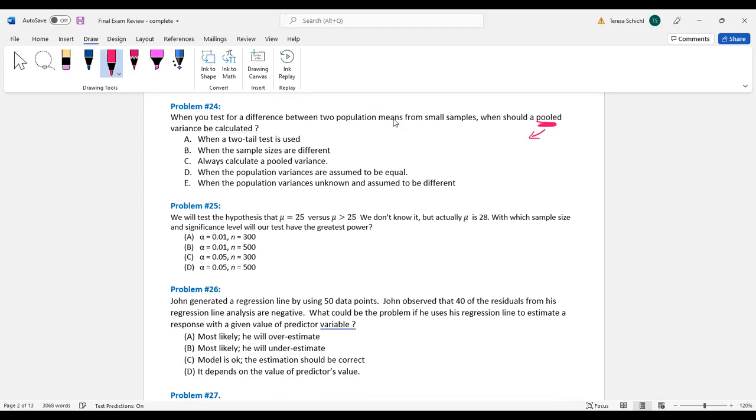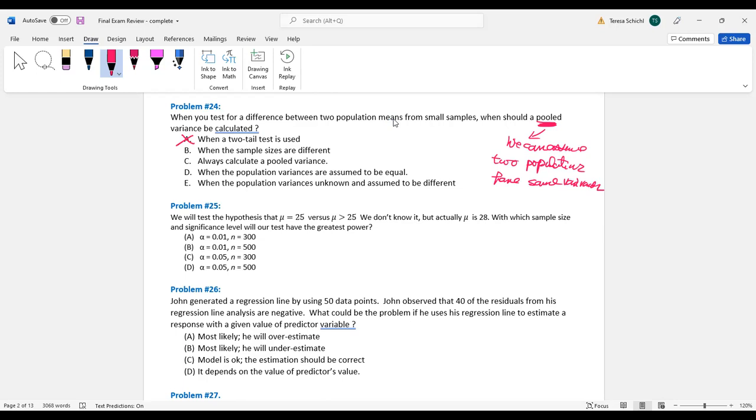So that means we can assume the two populations have the same, similar, or very close variances, even if we don't know what that is. Option A, the two-sample test is known, they can do one.